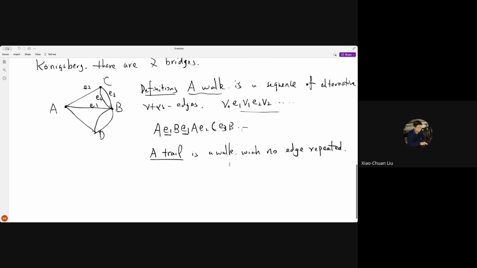So a trail is something that if you go through E1, you will never do it again. Okay, so a path is a trail where no vertex is repeated.